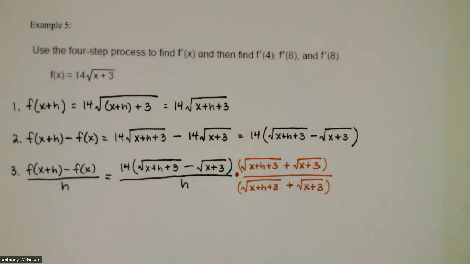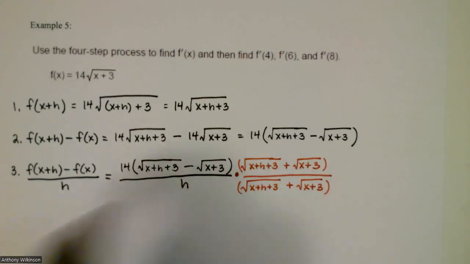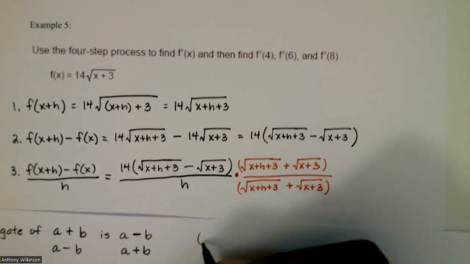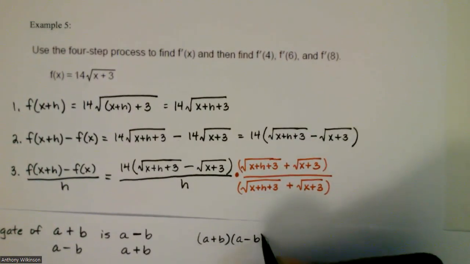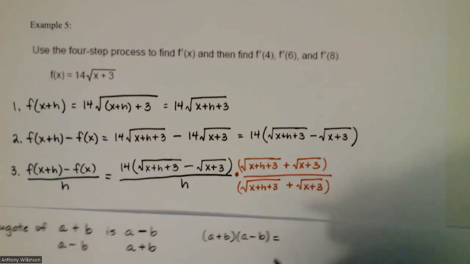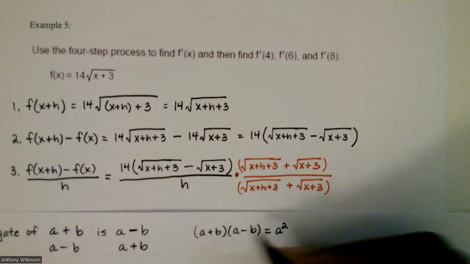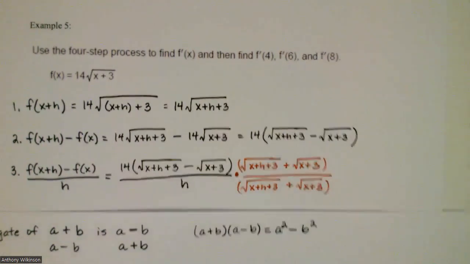Now, the reason why I'm doing that is because I'm going to have what they call the sum and the difference of the same two terms. There is a rule when you multiply the sum and the difference of the same two terms. So I have something like A plus B times A minus B. The quick way of doing that would be to take the square of the first term, that's A squared, minus the square of the second term, that's B squared.